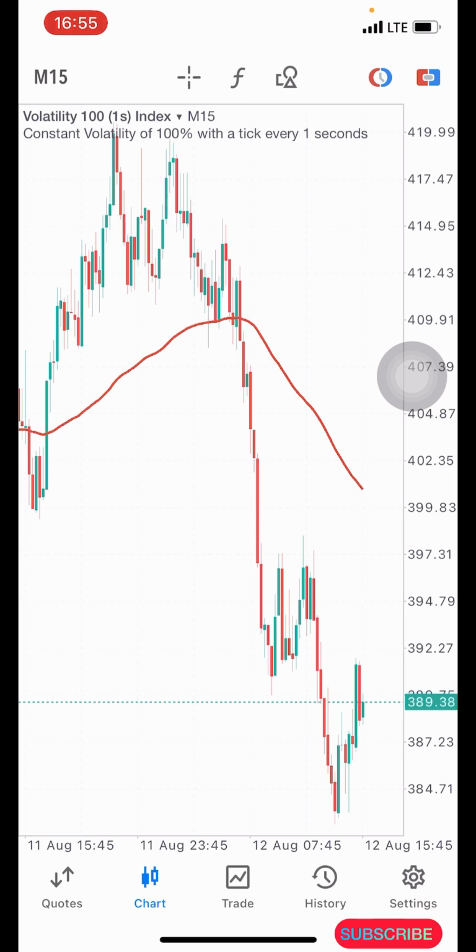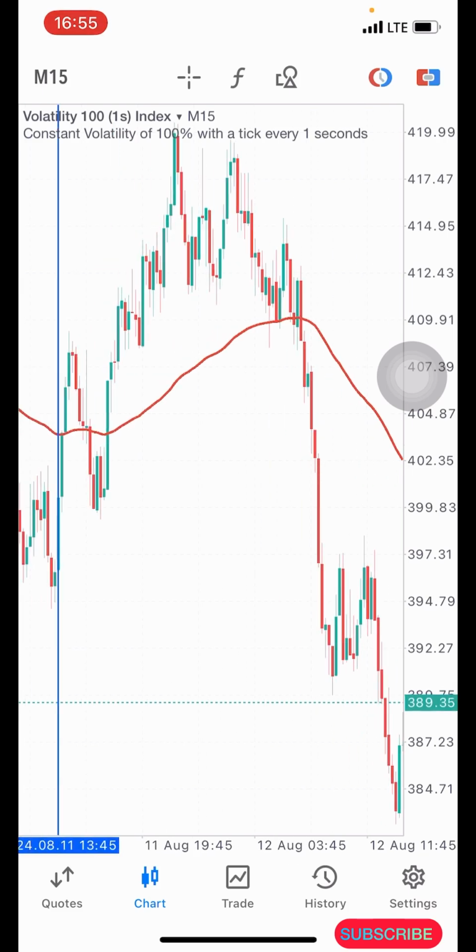This is a strategy you have to use only on highly volatile indices or currencies, whichever one you want to trade with. Here you can see this is Volatility 100 Index 1 second. This one is also volatile, because the other one, the Volatility 100, has high volatility and it's also costly.